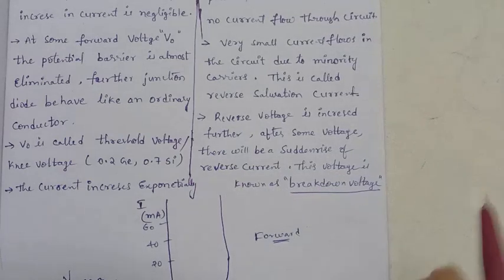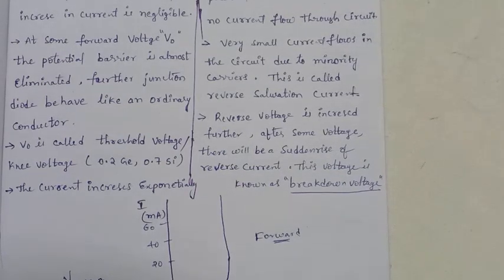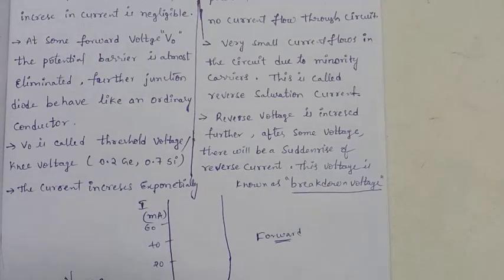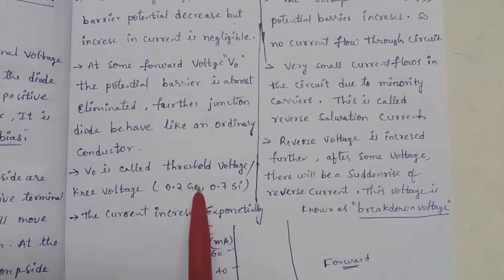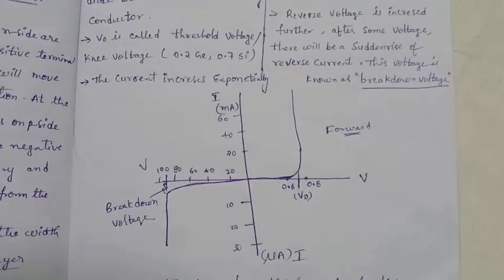Actually in reverse bias there is no flow of current. So this voltage is called the breakdown voltage. Here at a particular voltage the current will increase. So you have to observe the VI characteristics graph.